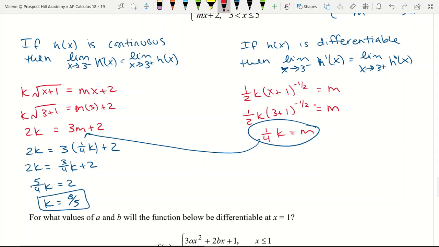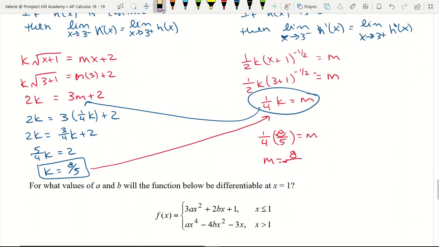And then we can plug that into here to figure out my m. So 1/4 times 8 over 5 is going to be equal to m. So m is going to be equal to 8 over 20, which is just 2 over 5.